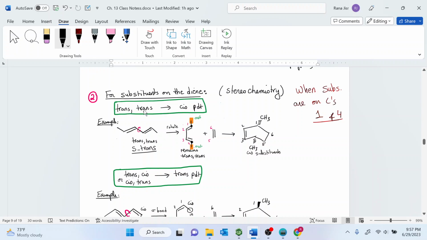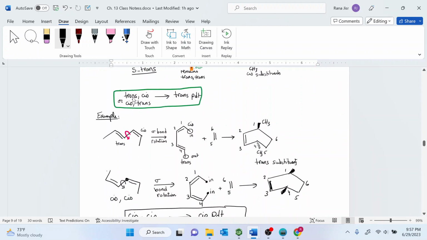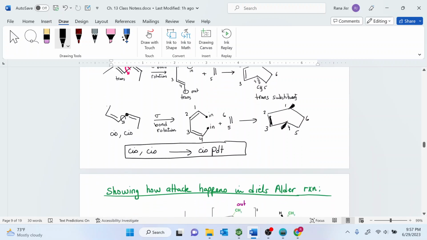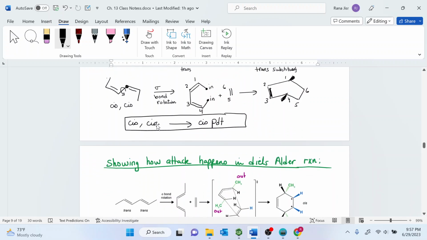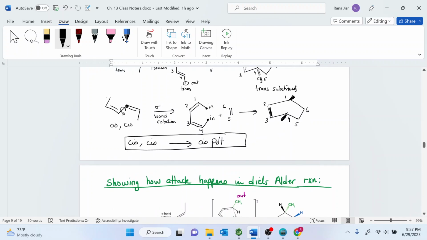And we're talking about the substituents on carbons 1 and 4 on the diene only. Okay, then there are going to be cis with respect to each other. If I'm starting with either trans cis or cis trans, then the substituents on carbons 1 and 4 are going to be trans with respect to each other. And if I'm starting with a cis diene, then the substituents on carbons 1 and 4 are going to be cis with respect to each other.